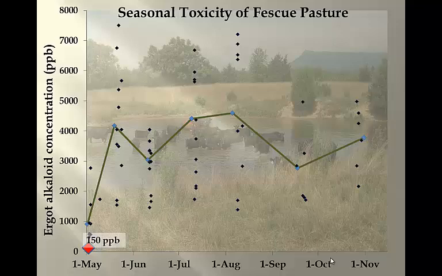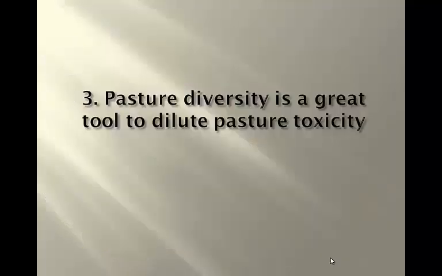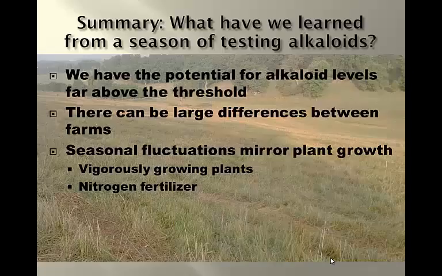This was probably some wild toxic fescue coming back in the pasture, or maybe some sampling error. But what this shows us is that the max Q and those novel endophyte fescues do what they say they're doing. It just backs us up a little bit on that. So our last conclusion that we kind of drew is that pasture diversity is a very good tool for combating fescue toxicity.